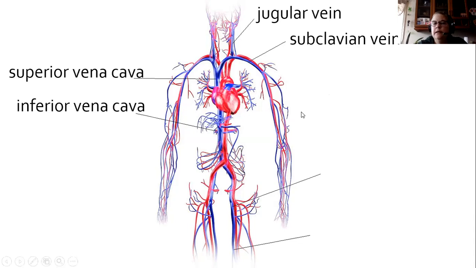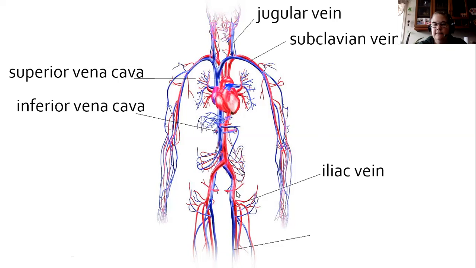Next we have the subclavian vein. The subclavian vein is collecting blood from our arms, and that's going to return back. We see how the jugular vein and the subclavian vein merge together, and eventually they're going to become part of the superior vena cava. Next, we have the iliac vein.